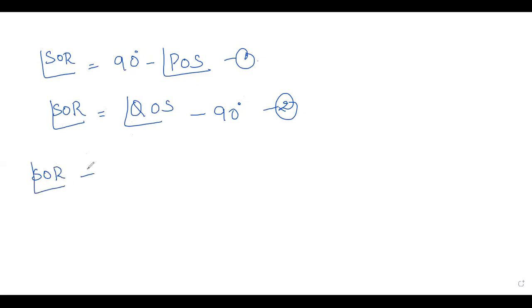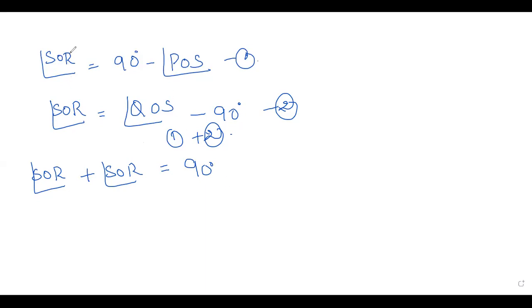SOR plus SOR is equal to, I'm adding equation 1 and equation 2. Write this. So whatever is on the left side of the equations, write it on the left hand side. Whatever is on the right hand side, we write on the right hand side.